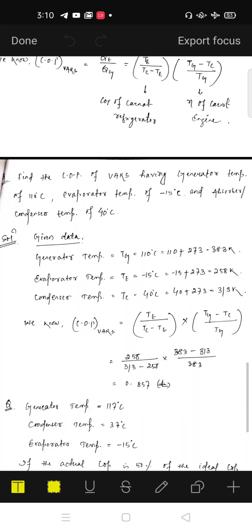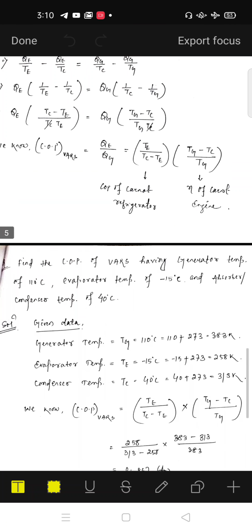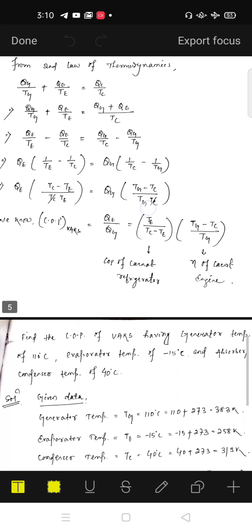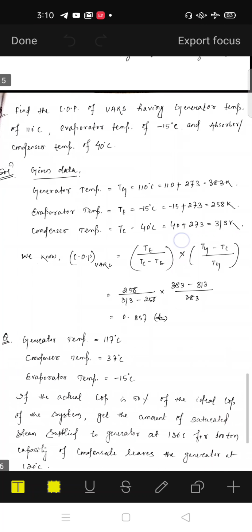Similarly, evaporator temperature TE is given minus 15, added to 273, it will be 258 Kelvin. Condenser temperature TC is 40 degrees centigrade, adding 273 you will get 313 Kelvin. Now you know TG, TE, TC, just apply the formula here. COP will be this one. After applying, we get the answer 0.857.